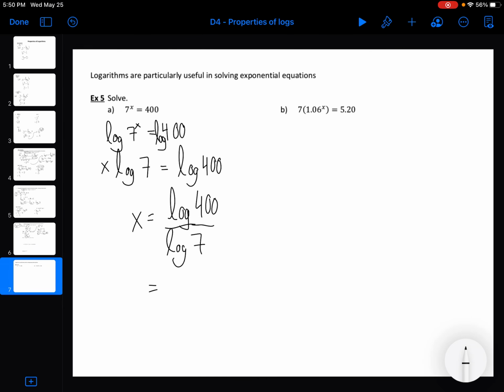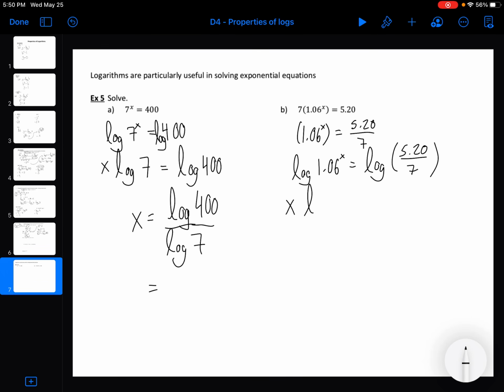Same thing here. First step, divide that 7 over. It's not going to divide evenly, so I'm just going to leave it. And then we're going to take the log of both sides. So we've got the log of 1.06 to the x equals the log of that. Now you could make this a subtraction if you really wanted to, but you don't have to.